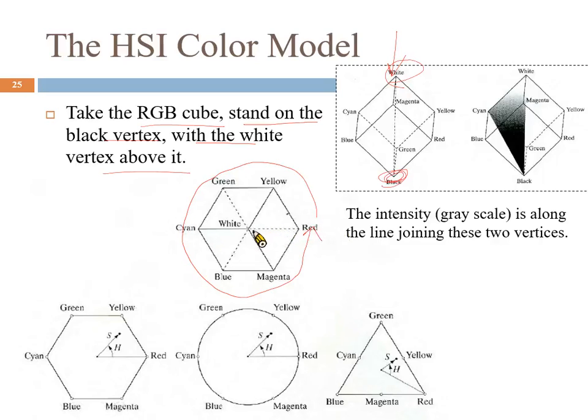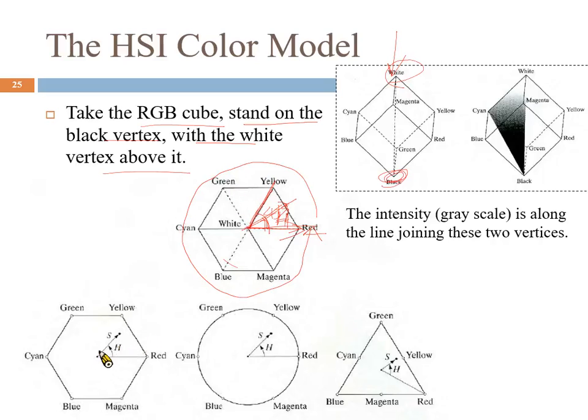According to the included angle between a vector and the red x-axis, this angle is called hue. When the hue value is 0, that is red. When the hue value is, for example, 45 degrees, that would be yellow. So this defines hue.